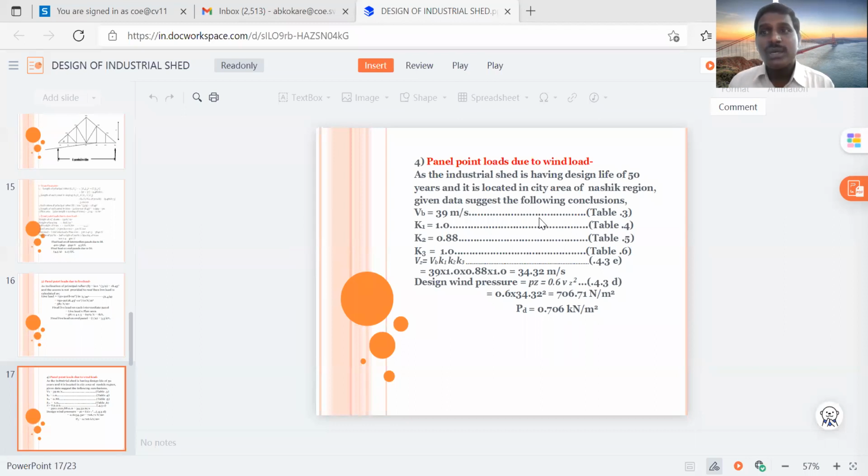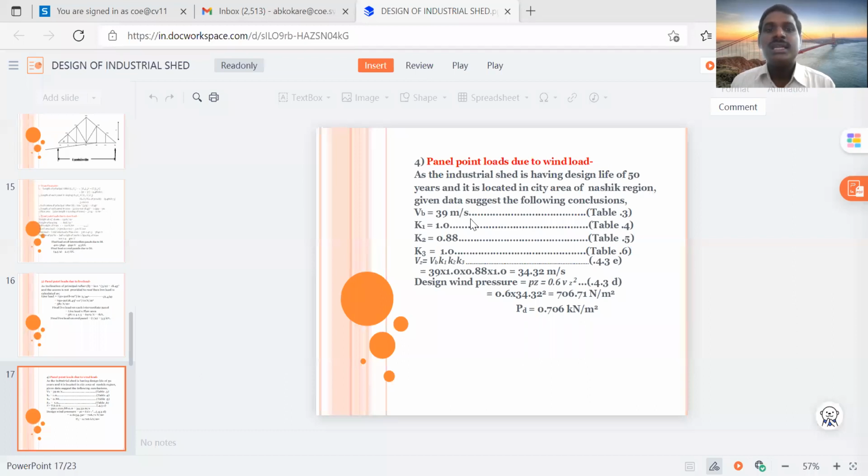So now we have to go to IS 875 part 3, where the basic wind velocity is given. Why is Nasik given? Depending on the region, we have to take the basic wind velocity. For Nasik, in this particular table, they have given the values, and we have done this by using the 50 years life and the Nashik region.